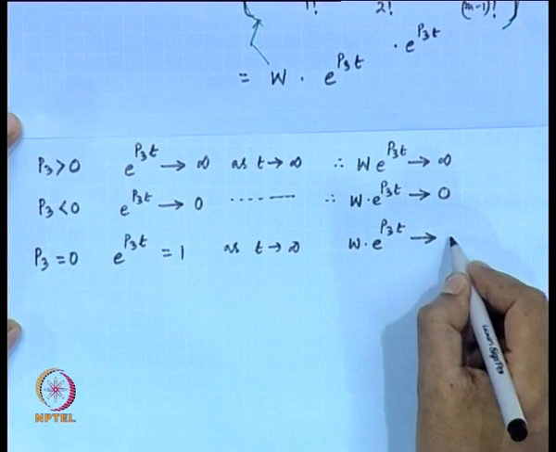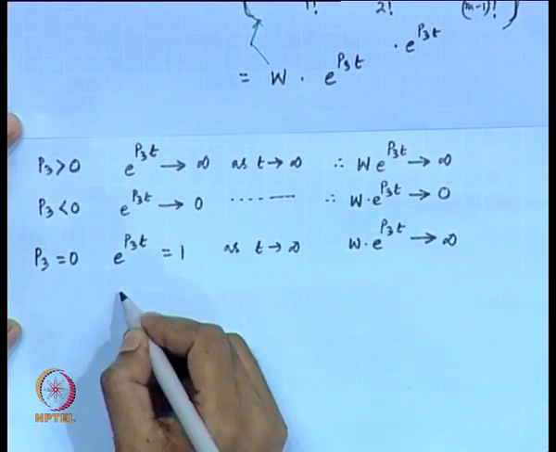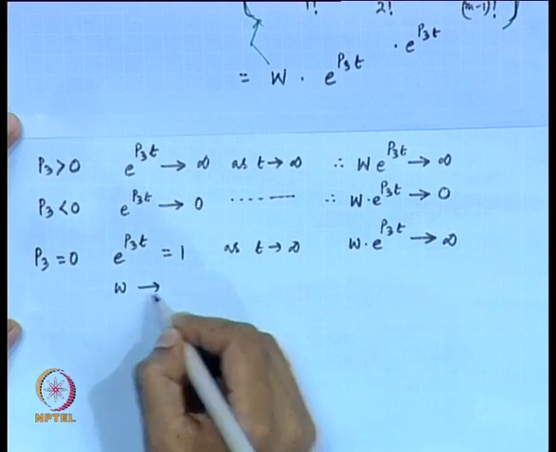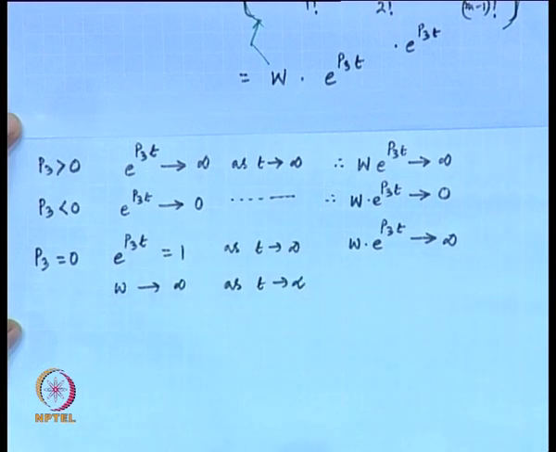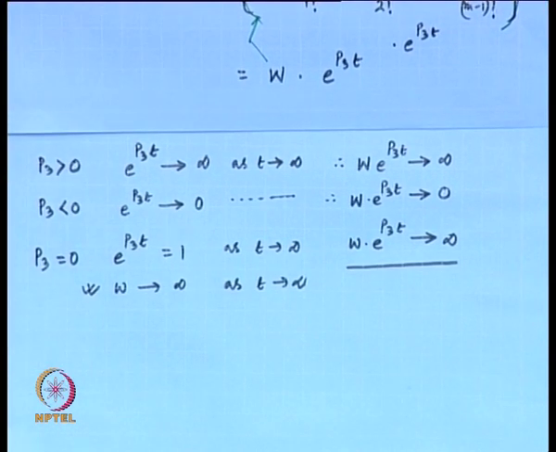It grows to infinity due to this w, as t tends to infinity. So, due to this term we are getting w multiplied by exponential of P 3 t becomes infinity, fine. So, these are basically the different real roots associated with a process and the stability of that process.